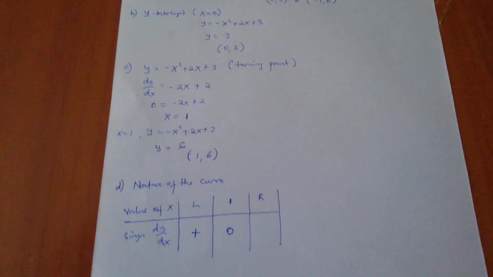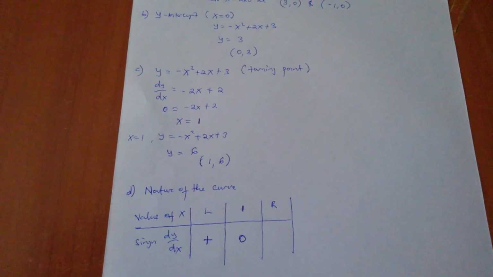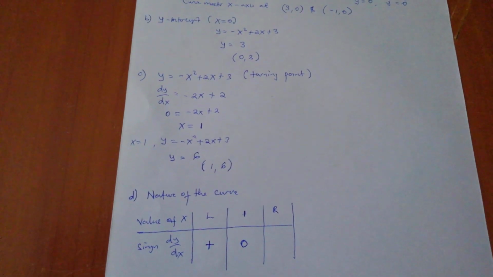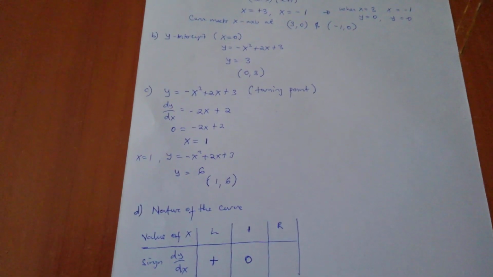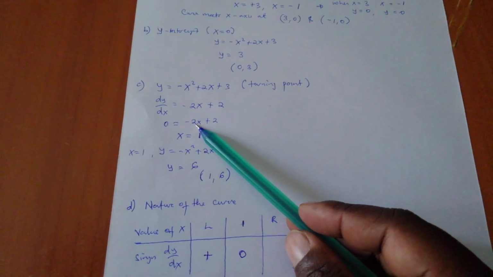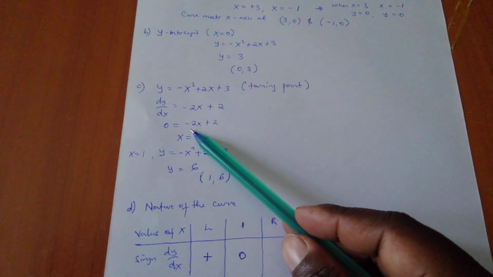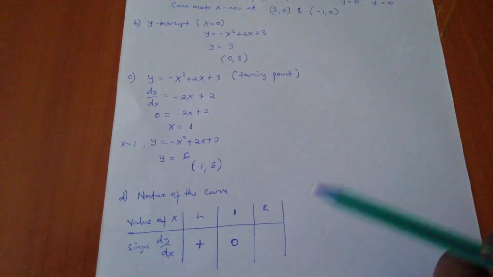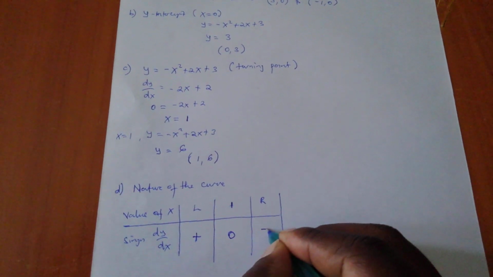And if I pick a number on the right of 1 on the number line, let me take the immediate one, which is 2. If I put 2 here, I'll get negative 4 plus 2. I'll still get a negative value.